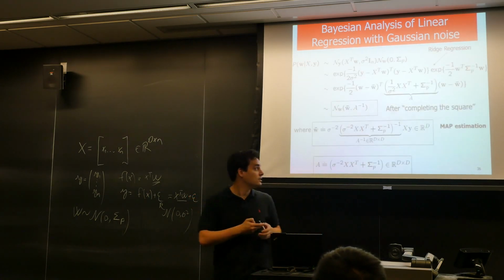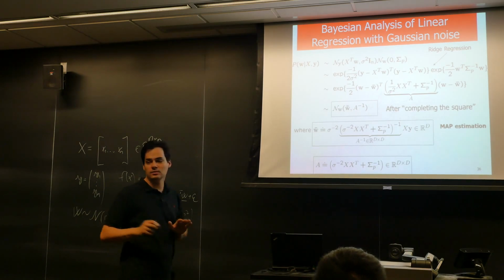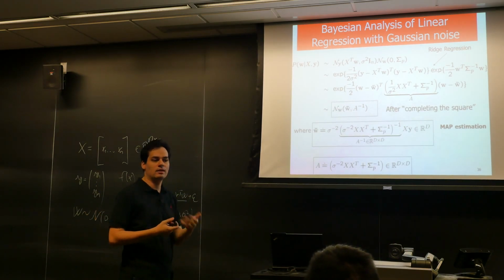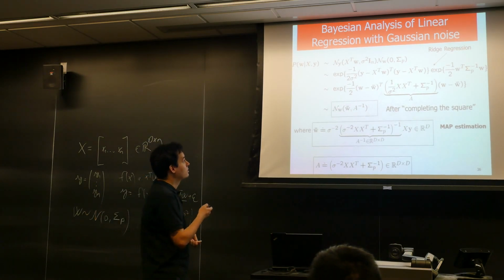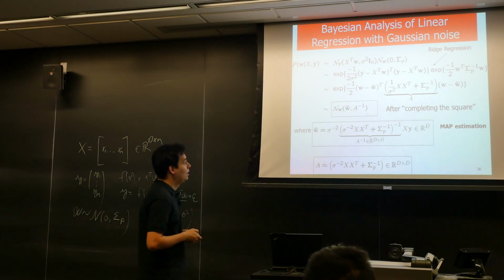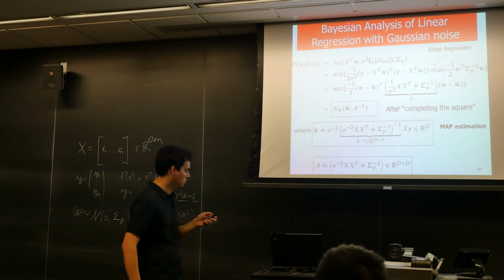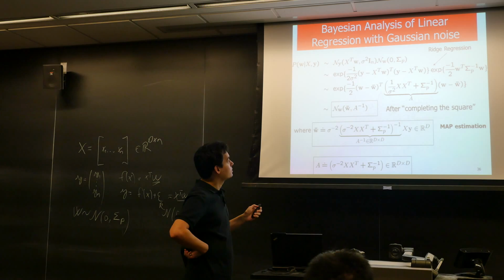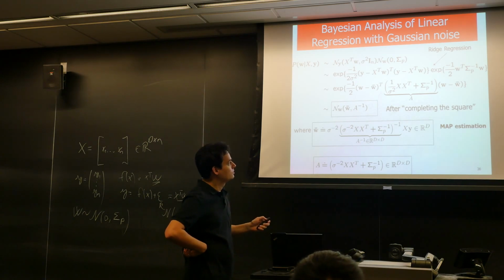Okay, so let's see the details of that. This is where things get a bit ugly when we calculate the details. So this is the posterior distribution, proportional, as we discussed, to the product of this Gaussian distribution, the likelihood, multiplied with the prior. The first Gaussian distribution is this.